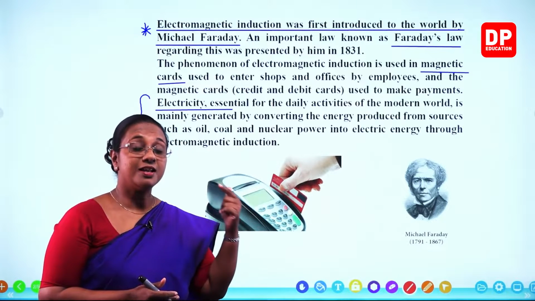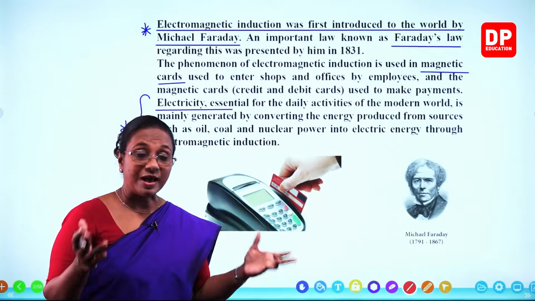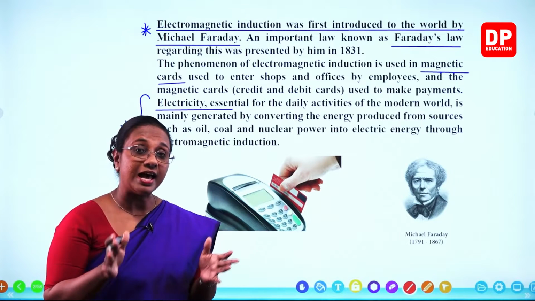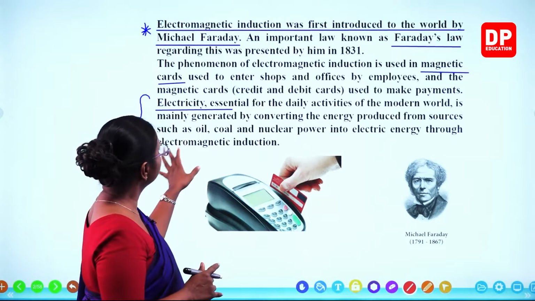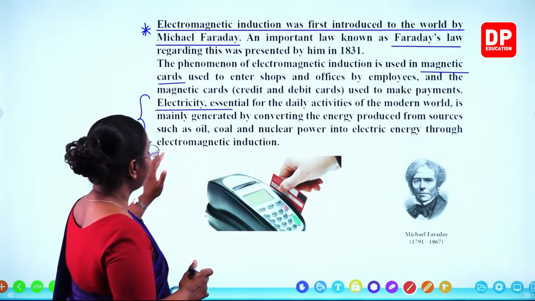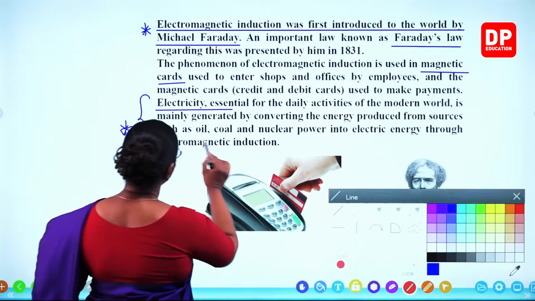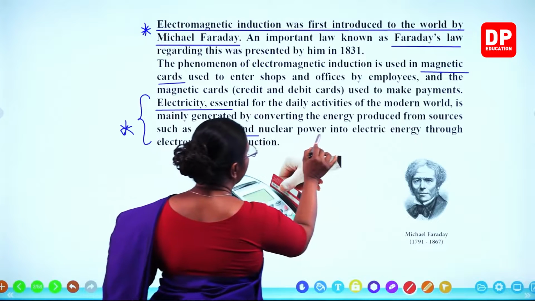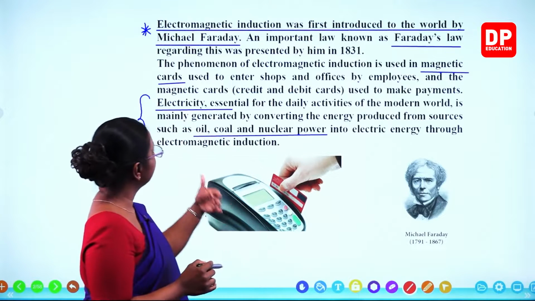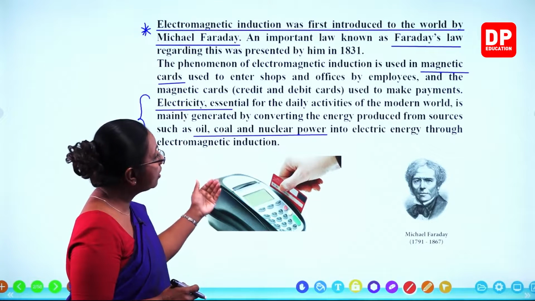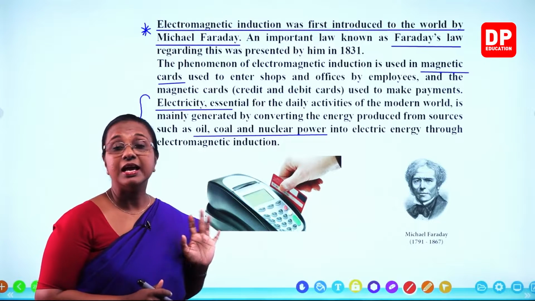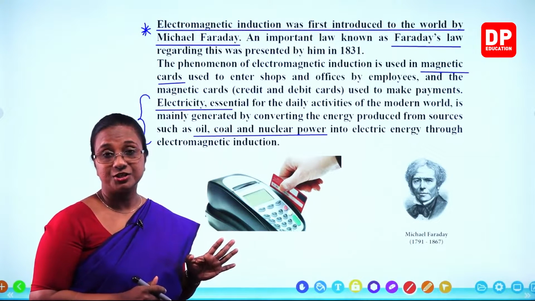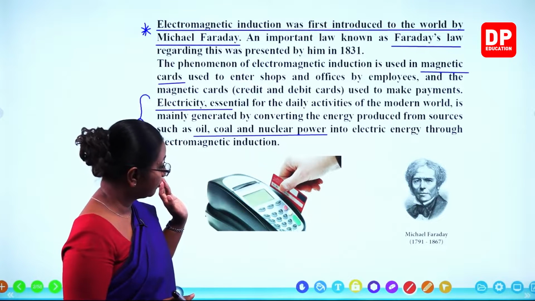So there is rotation, there is a magnetic field, and due to that electromotive force is generated. So although we use different methods like oil, coal and nuclear power or even hydropower, in all these, electric energy is generated by electromagnetic induction. That is something you all have to remember.